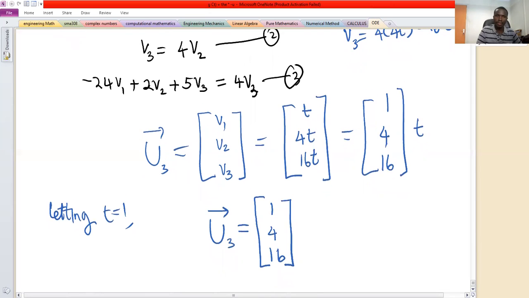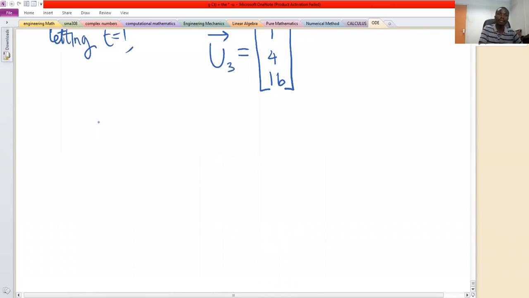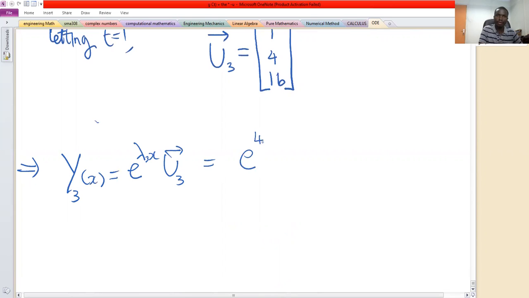Now that helps us to get the third solution. So that means that Y3 of x is given by e raised power lambda 3x times U3, which is e raised power 4x, and then 1, 4, 16.